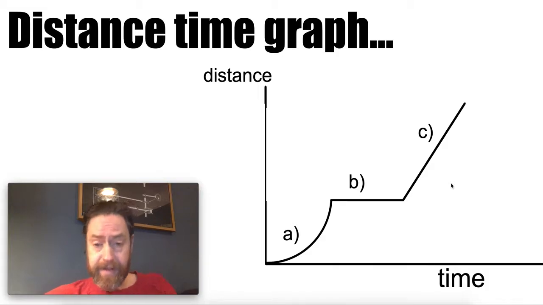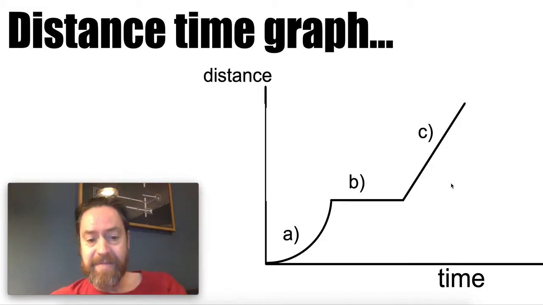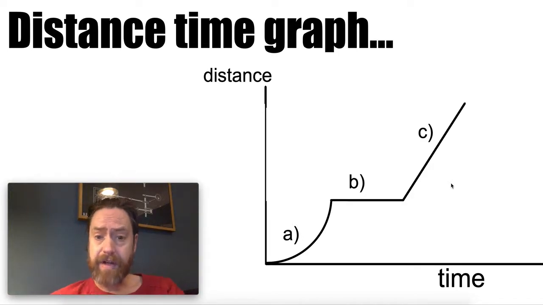Okay. So, assuming you paused and actually followed my instructions there, you should have written down a few things. I'm going to work in reverse order. I'm going to start with section C. And section C, well, first thing you notice, it's a straight line. And anytime it's a straight line, you would say the word constant.